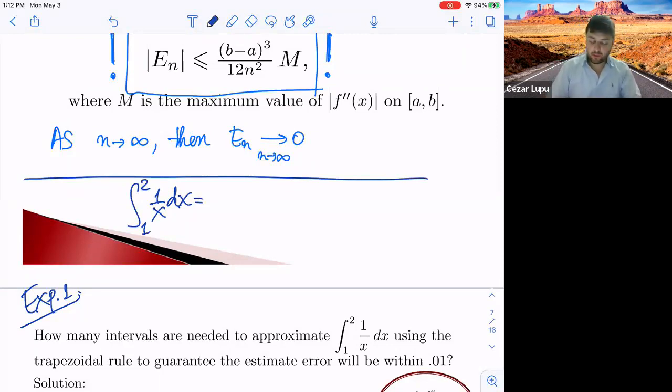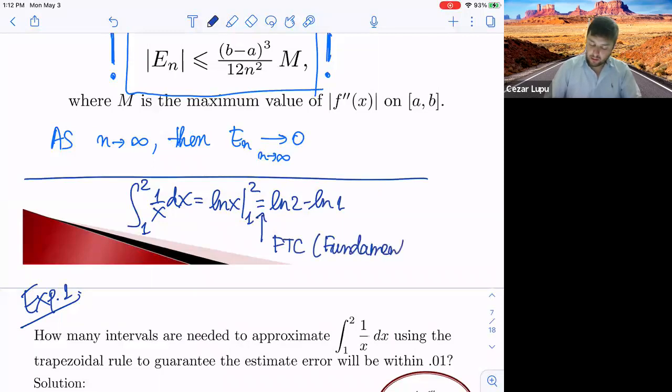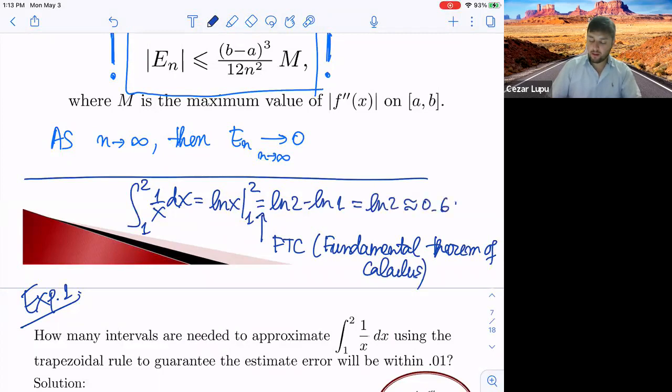It is ln of x from 1 to 2, which is ln of 2 minus ln of 1, by the fundamental theorem of calculus, which is ln of 2. Approximately, this is 0.69. So let's keep this value in mind.